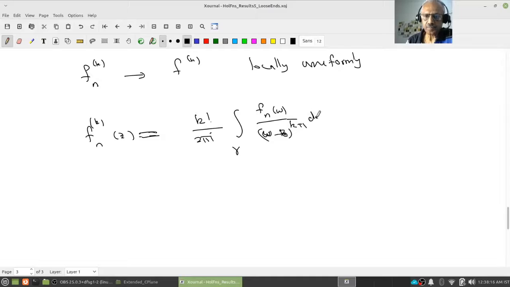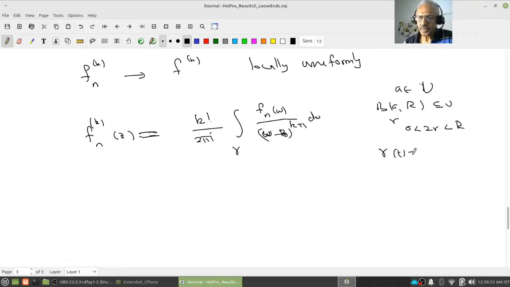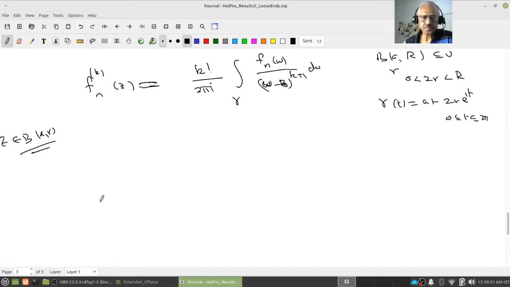Now if you are given a in U, let me choose R such that the ball B(a, R) is contained in U. Let me choose r such that 0 less than 2r is less than capital R. Now my gamma of t is a plus 2r e to the power it, 0 less than or equal to t less than or equal to 2 pi. And the z I am going to take only in B(a, r).